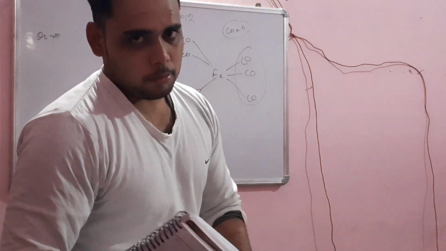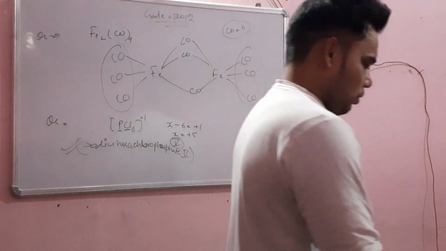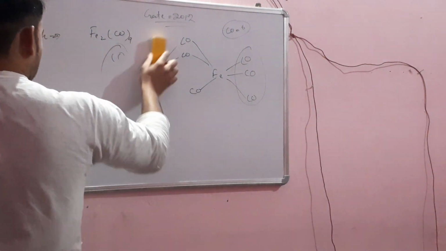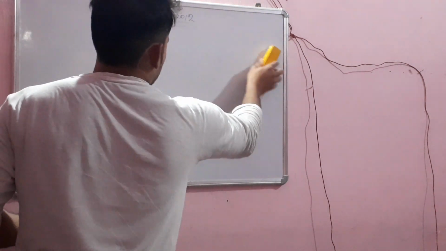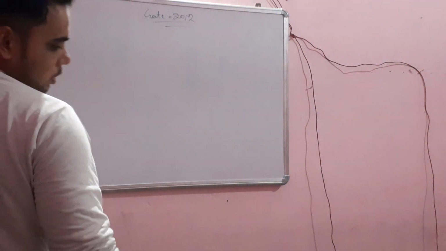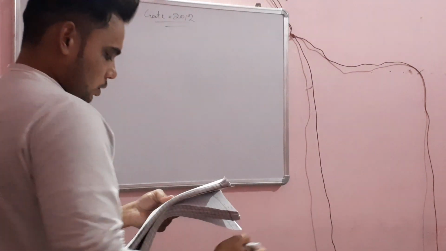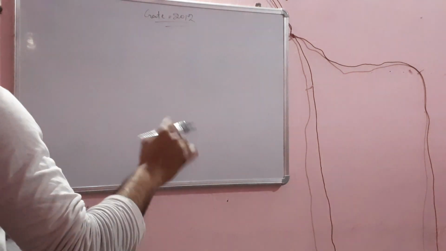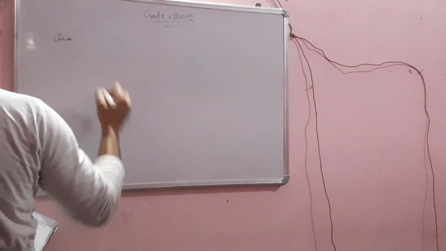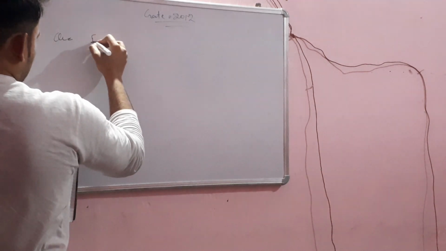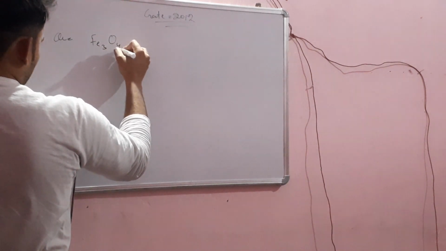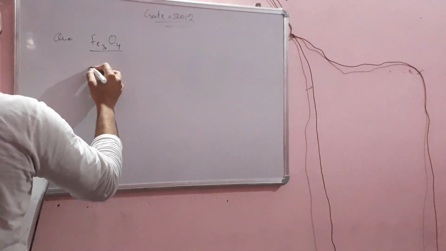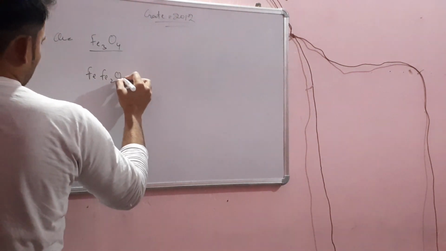The next question is about the spinel structure: whether the compound is a normal or inverse spinel. You have been asked about Fe3O4. Fe3O4 can be written as Fe2O4 with an extra Fe.